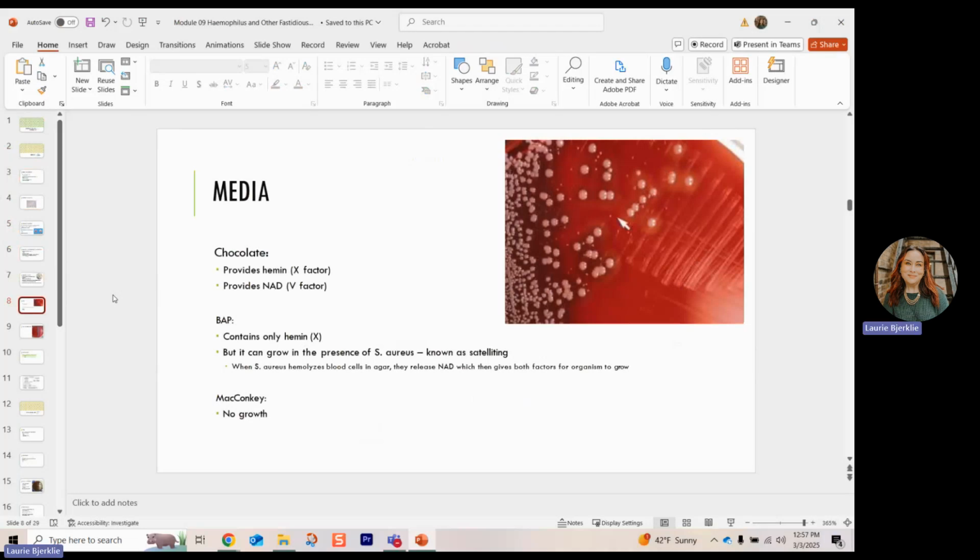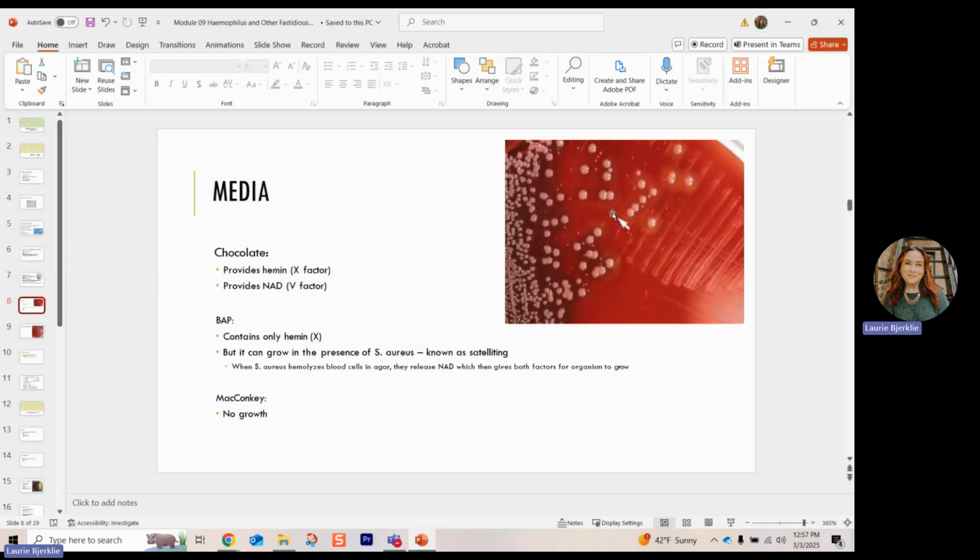There is a special thing that can happen though when Staph aureus is present on a blood agar plate. In this picture, these bigger colonies here are Staph aureus. The Staph aureus actually hemolyzes the blood cells in the agar. We know that Staph aureus is beta hemolytic a lot of times, and it hemolyzes the blood cells around it. When it does that, it releases NAD, which is the V factor.